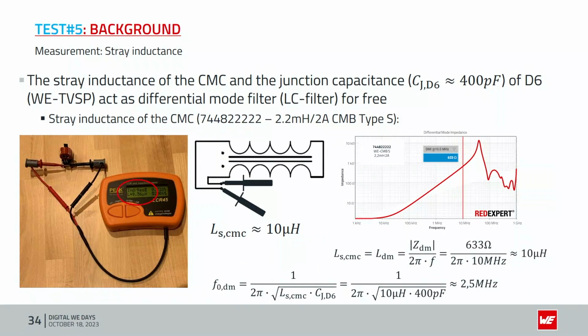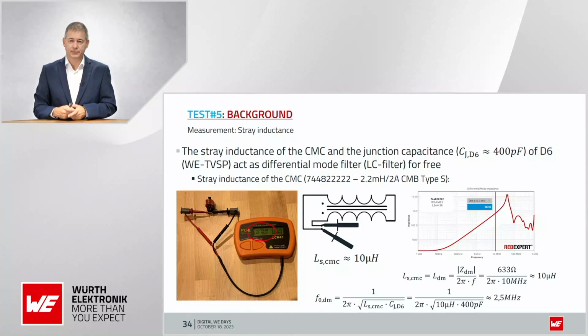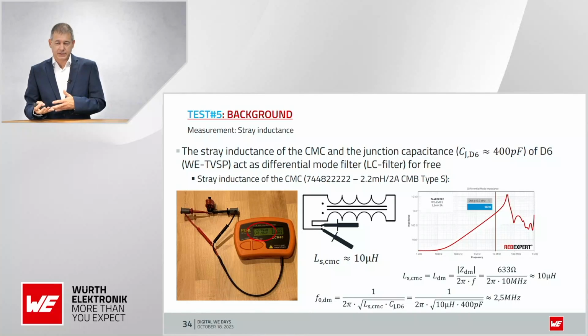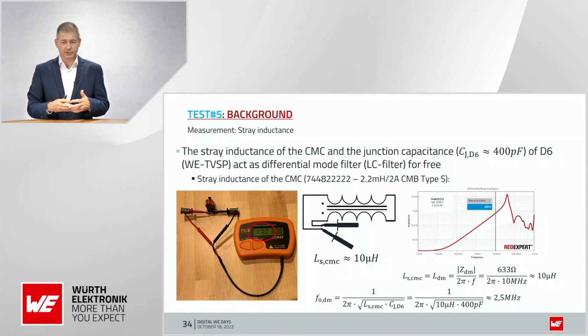This and the capacitance of the power TVS diode at the input of the schematic we can also use to calculate again with the swinging formula this 2.5 megahertz, the second corner frequency I showed you in the measurements. Both are caused by the capacitance of the TVS diode together with the stray inductance of the common mode choke.